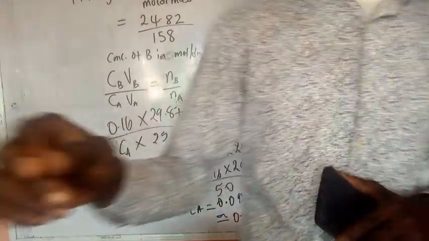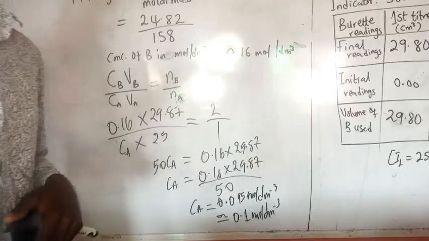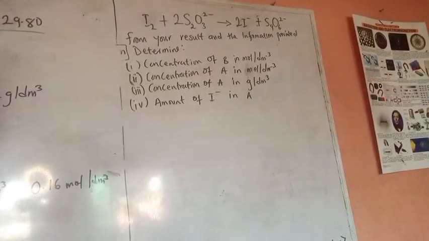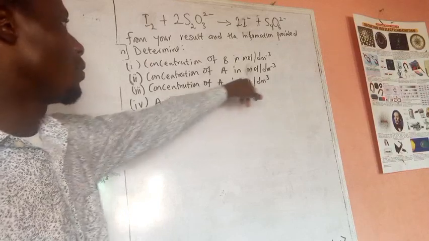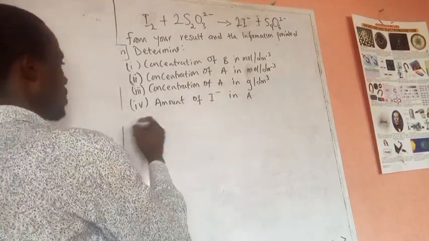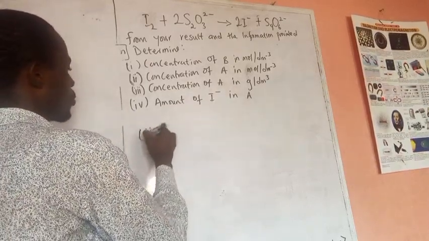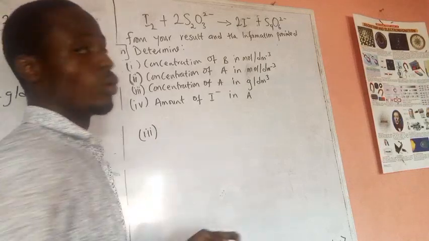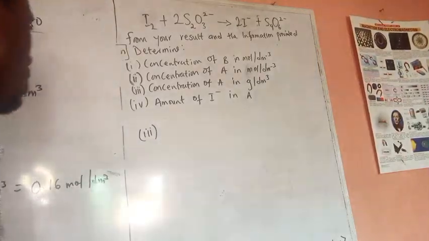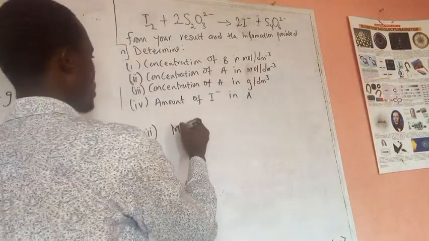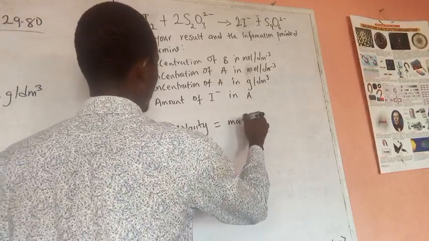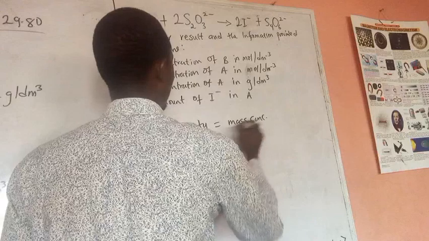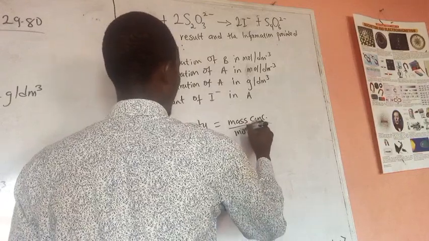So now we go to the next question, which says concentration of A in gram per dm cube. That is so simple. We are still using the formula which says molarity, the concentration in mole per dm cube, equals mass concentration over molar mass.